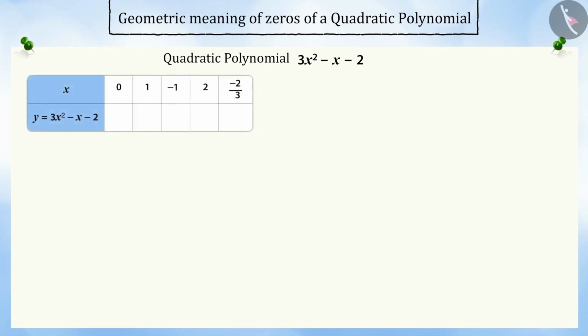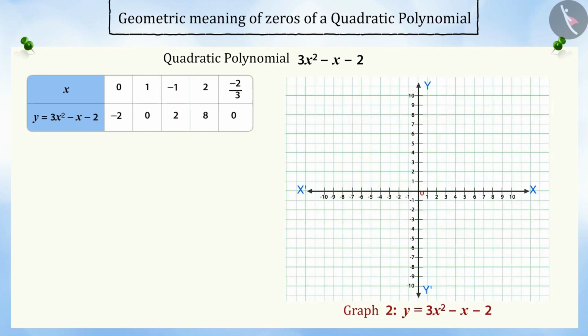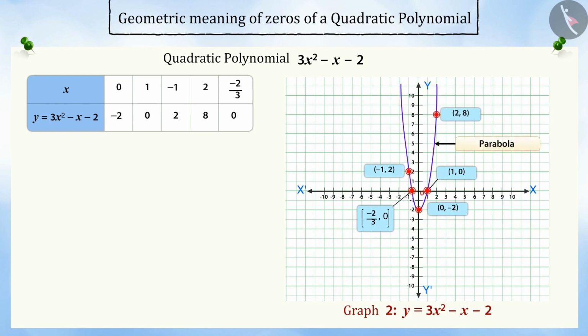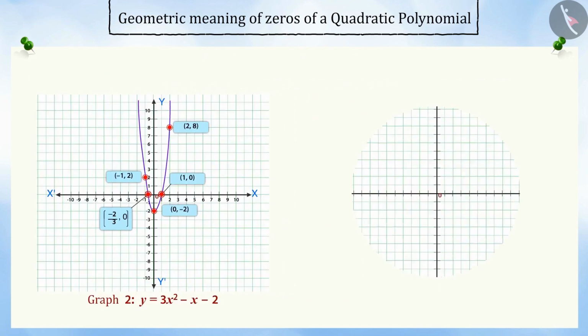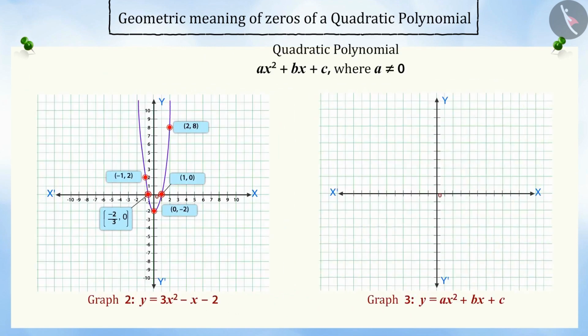If we substitute the values of x in y is equal to 3x square minus x minus 2 and take these points and plot it on the graph, we will get a parabola. Therefore, we can conclude that the graph of quadratic polynomial ax square plus bx plus c, where a is not 0, is a parabola.